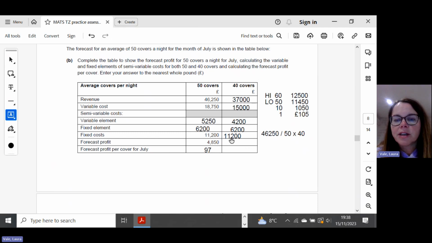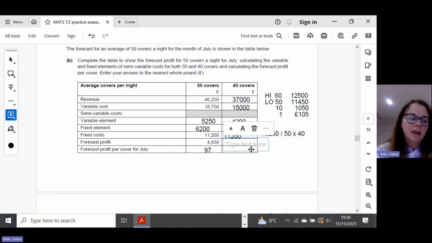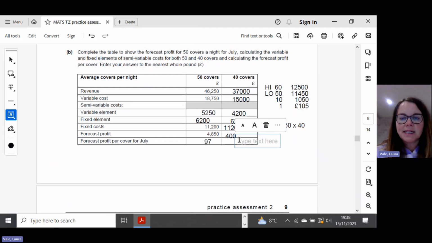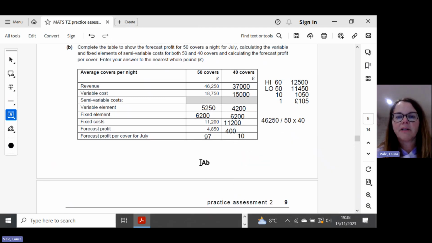And then my forecast profit must be 37,000, subtract 15,000, subtract 4,200, subtract 6,200, subtract 11,200, which leaves me with a profit of £400. Per cover, 400 divided by 40 gives me £10 per cover.